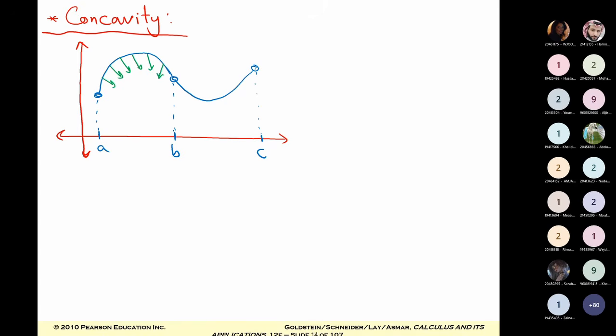This means it is concave down, which means f double prime is negative. And from B to C, we have concave up. This means it is concave up.